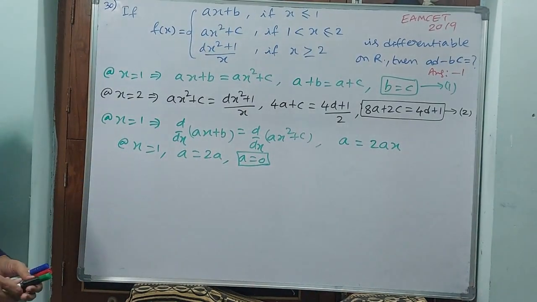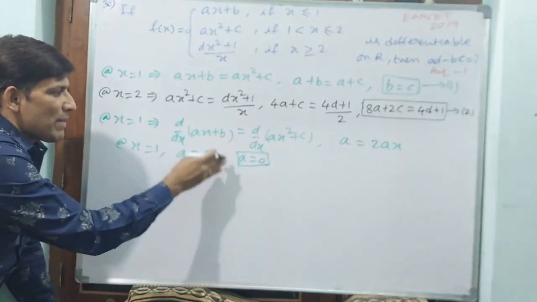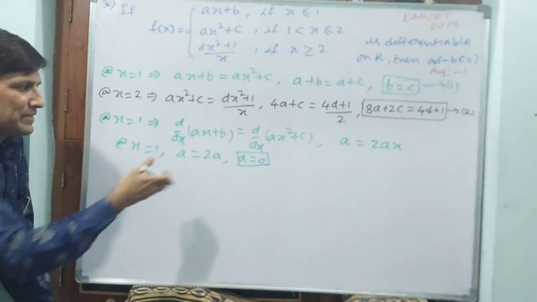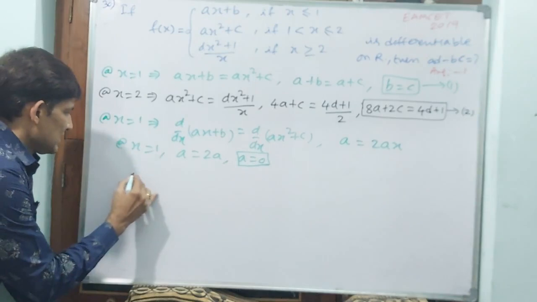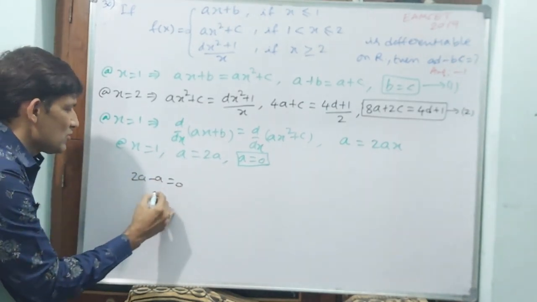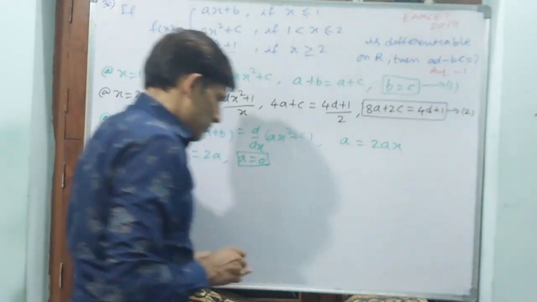Understand? Because 2a minus a is equal to 0, so a is equal to 0. This is not a quadratic equation. Send a that side: 2a minus a is equal to 0, that means a is equal to 0. Like this I have written this. Okay? Now I want to rub this.